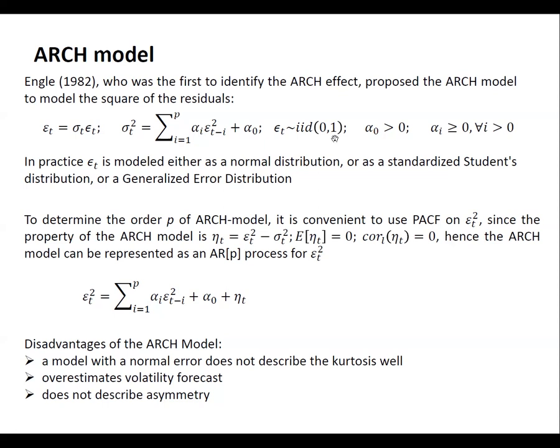And the standard deviation is a function of time, and it is described through the variance function sigma squared as an autoregressive process of epsilon squared with lag y, that is, from the residuals of the ARMA model squared with lag y.